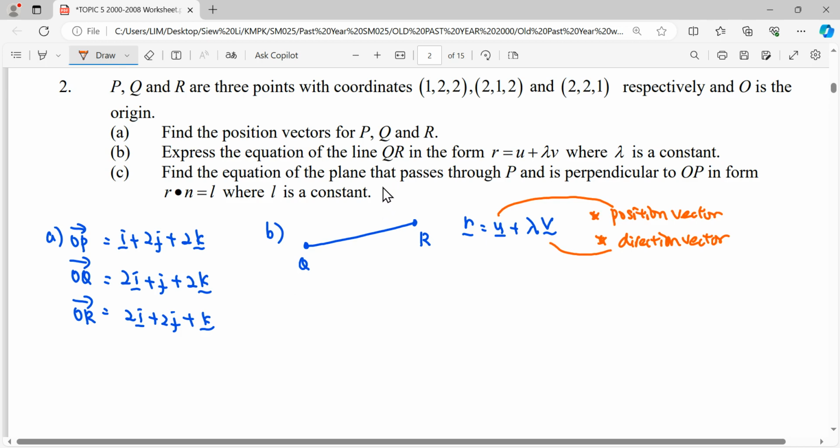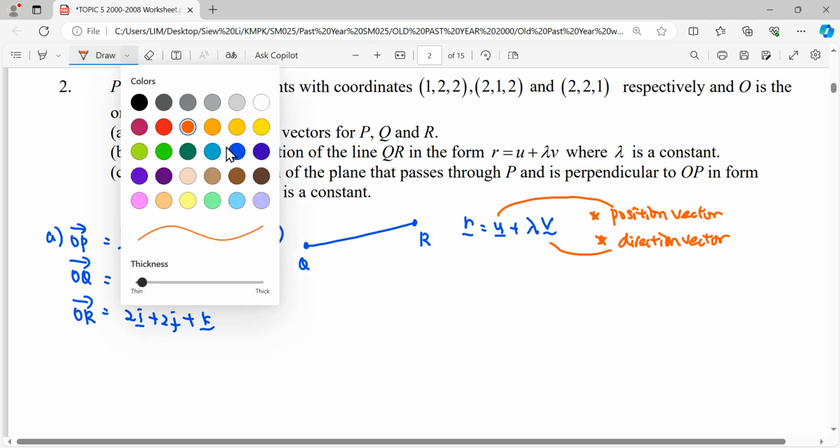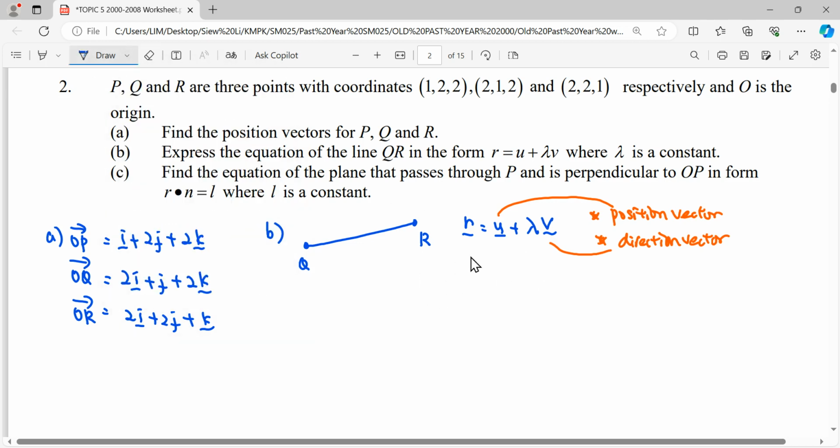So this line passes through Q and R, which means for the position vector u, we can choose either the position vector for Q or the position vector for R, which is (2, 1, 2) in vector form, or (2, 2, 1).